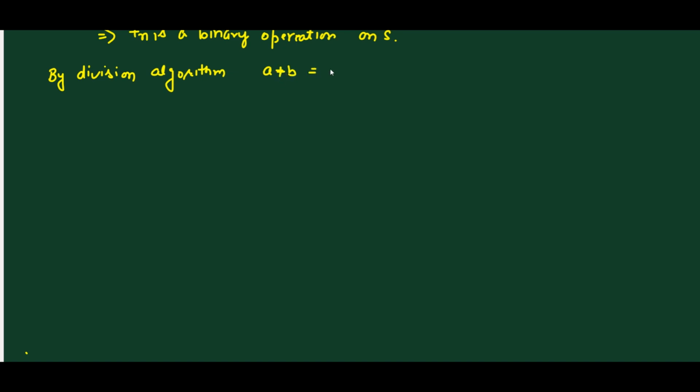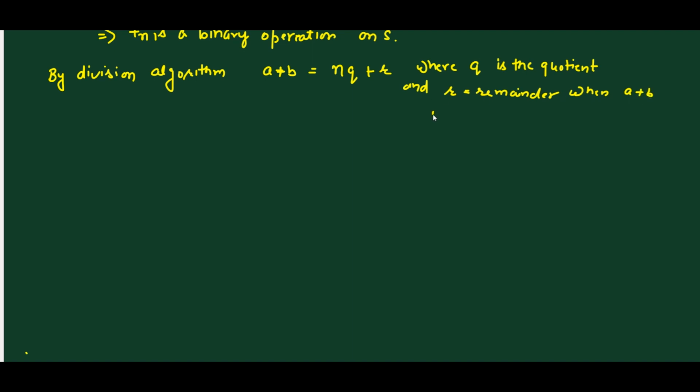So let q be the quotient and r be the remainder, where q is the quotient and r is the remainder when a plus b is divided by n.